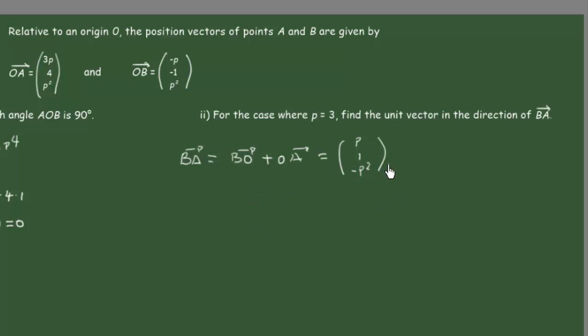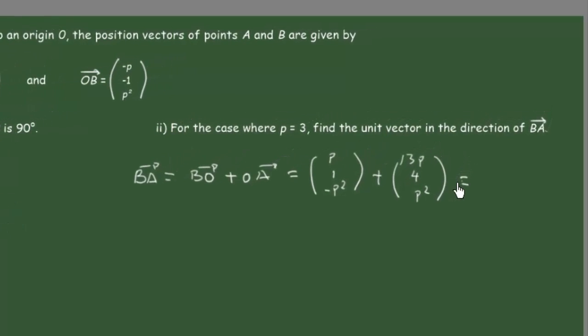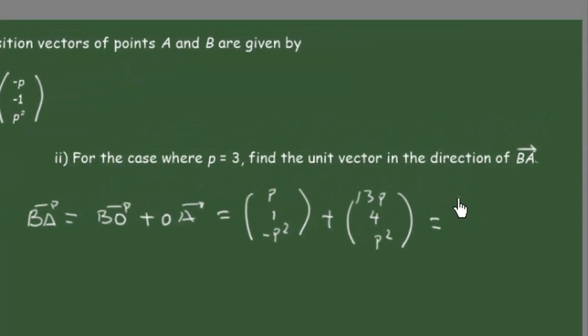And then of course plus the vector OA, which is (3p, 4, p²). This gives us p plus 3p, 1 plus 4 would be 5, and then minus p² plus p² would be 0.